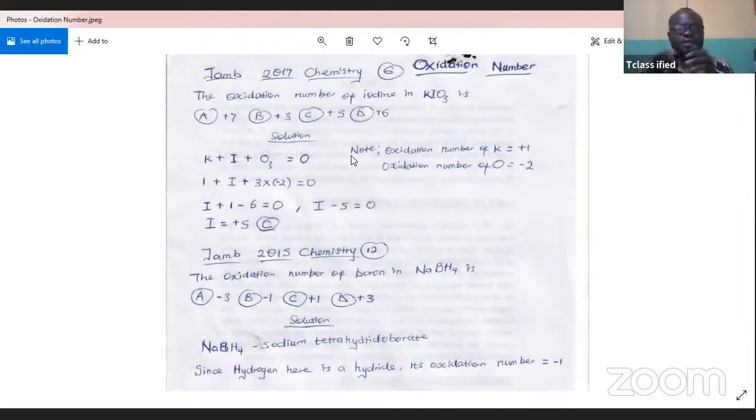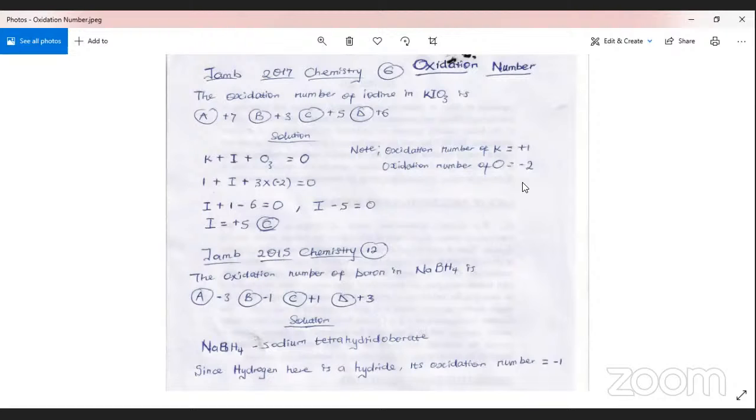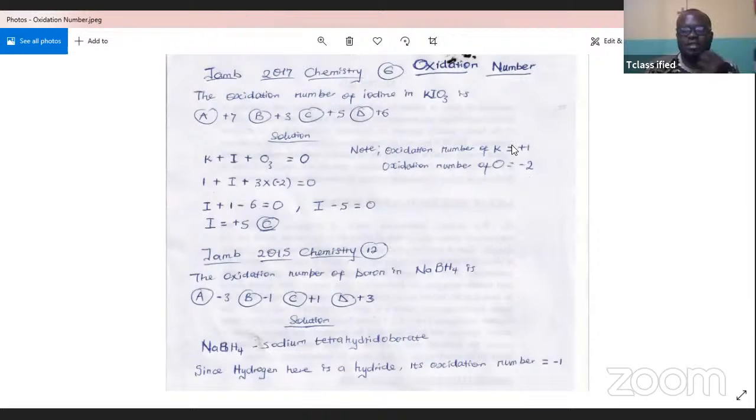Whenever you're doing calculations in oxidation numbers, it's very important that when you want to calculate for iodine, they expect you to have known the oxidation numbers of potassium and of oxygen, isn't it? Yes. And these are numbers that you know because you know their valencies.